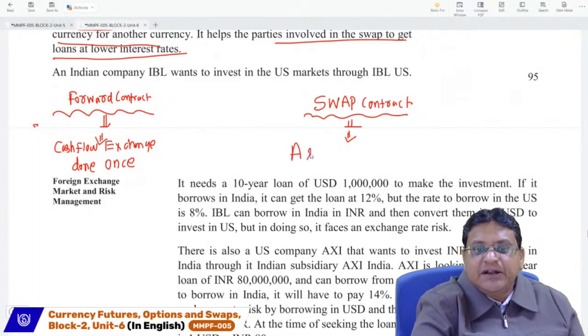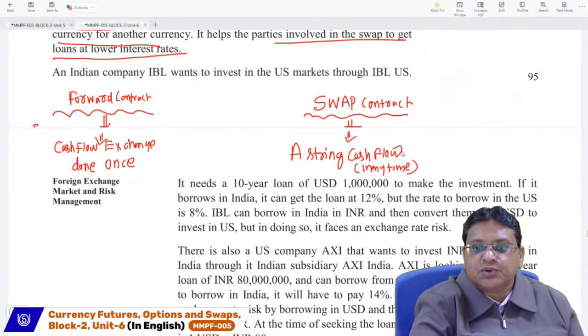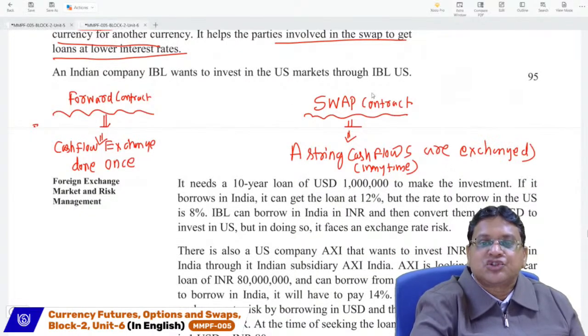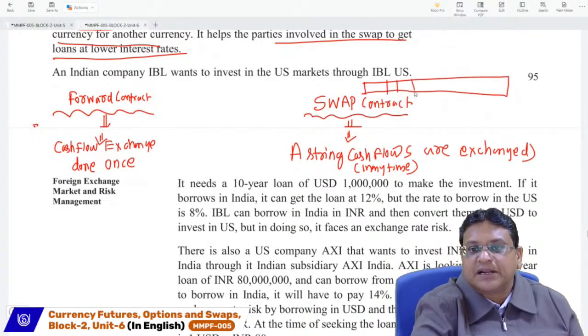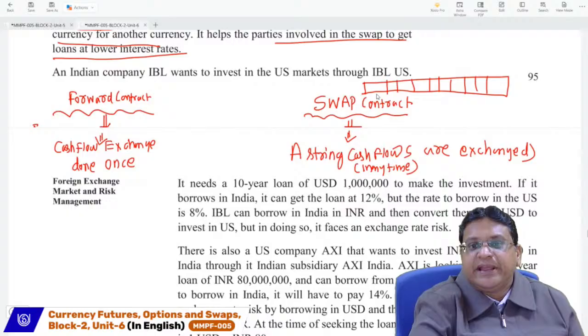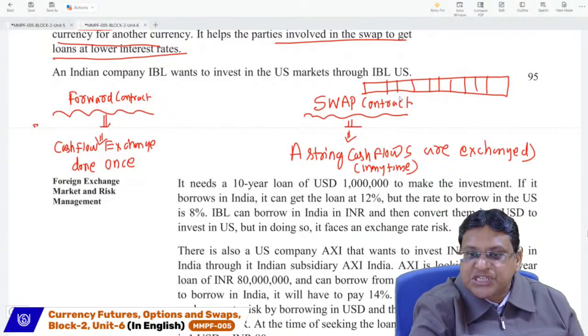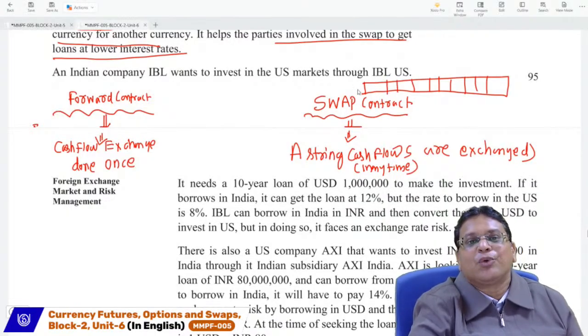a string of cash flows. String means many. Many times cash flows are exchanged. So I can tell a swap is a string of forward contracts. A swap contract consists of many forward contracts.